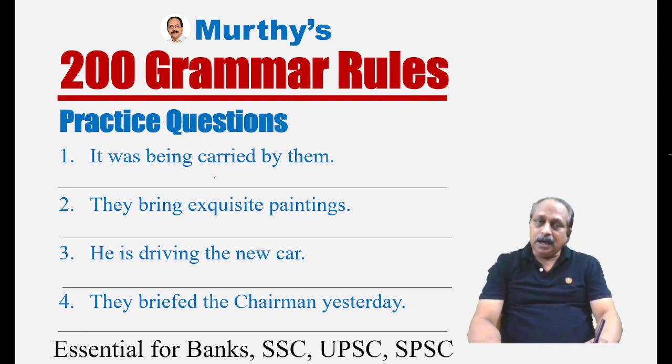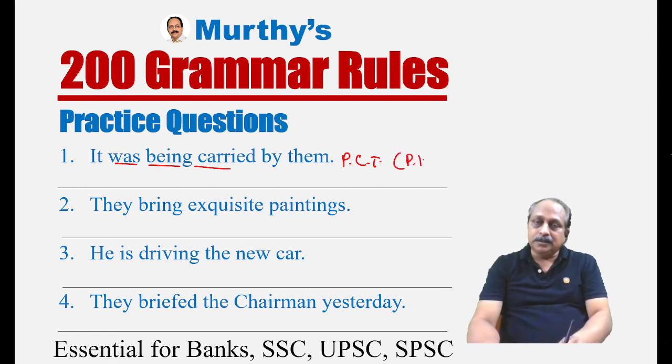It was being carried. A few practice questions. It was being carried by them. First you have to know whether the given sentence is in active voice or passive voice. Only then will you be able to change it. It was being carried by them, was being carried. Then you have to tell yourself it is past continuous tense, passive voice.